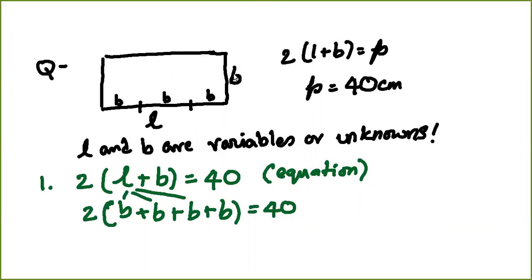Okay, sir, I got it. So I think it's right, because you're converting L into 3 Bs, and plus the breadth. Exactly. So mathematically, this is an acceptable step.